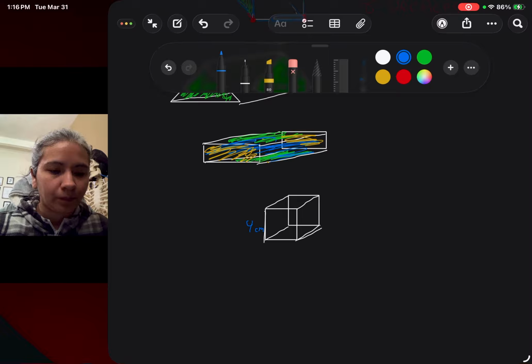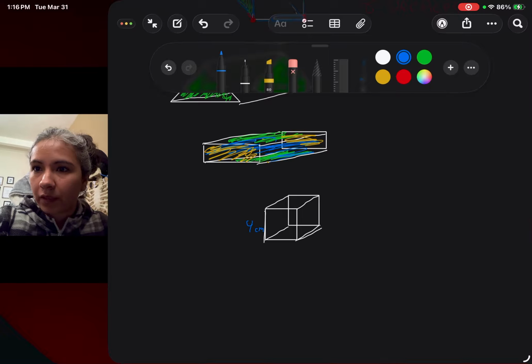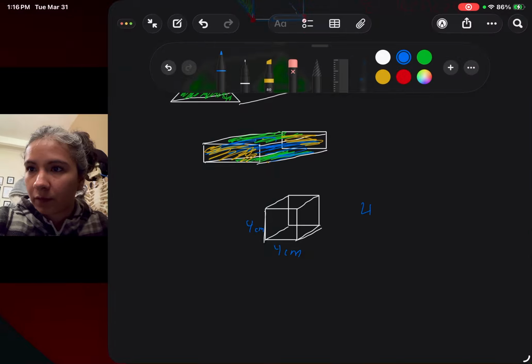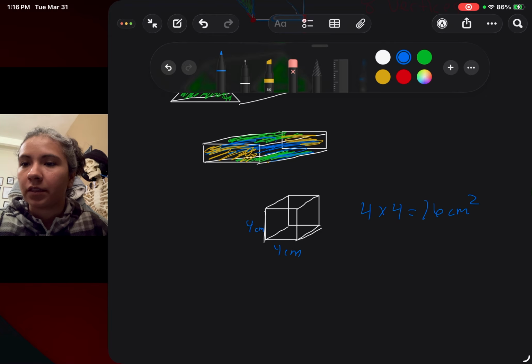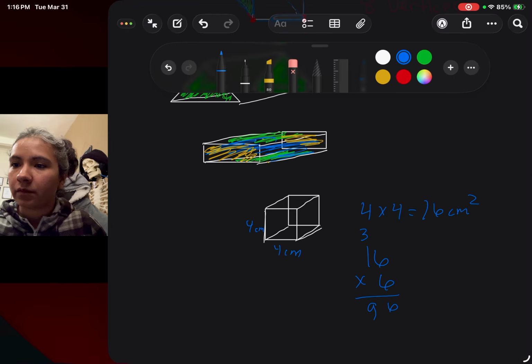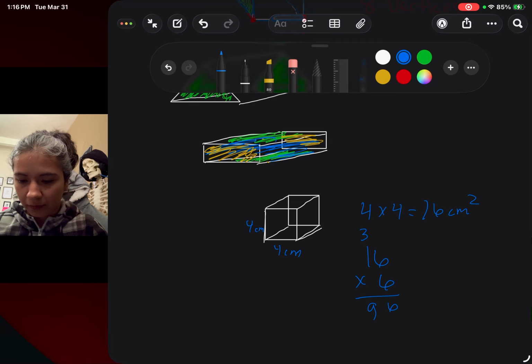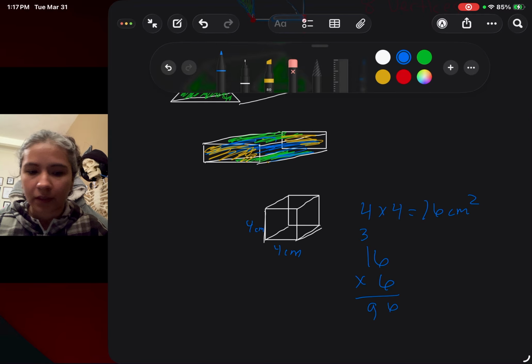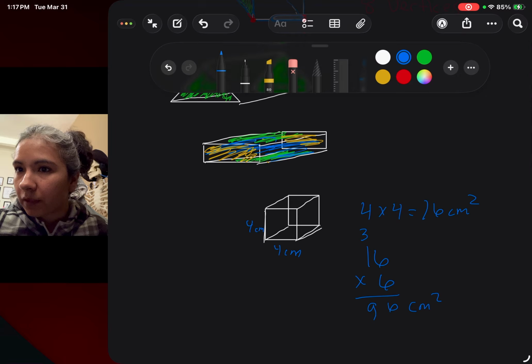And so we know that the area of this is 4 times 4, which is 16 centimeters squared. And there's 6 faces for a cube. So that's going to be 16 times 6. Right? So the surface area is going to be 96 centimeters squared.